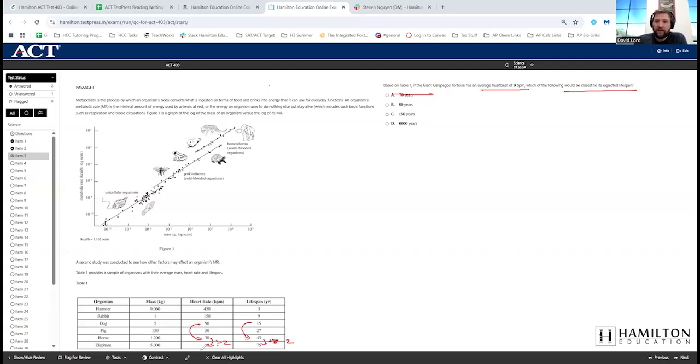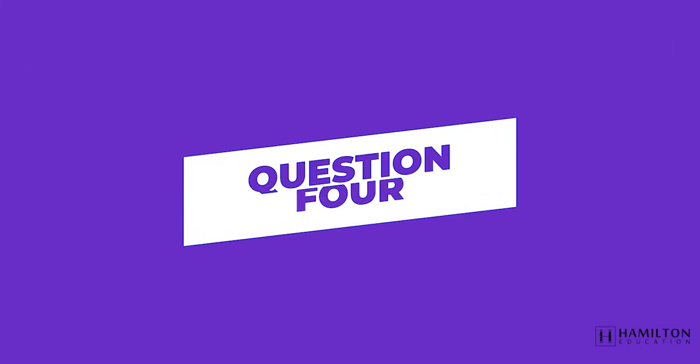Because 9 is half of 18, what we're going to want to do is double the 75. So we get 150 is our answer. So definitely kind of tricky, but you might imagine that tortoises do live for a long time, but they don't live to be 6,000 years old. So, all right, that was C.